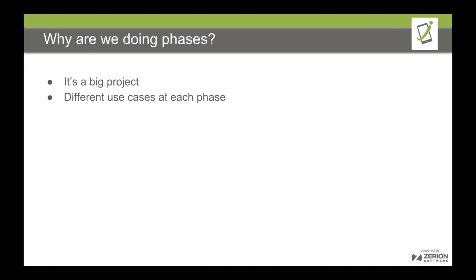Each customer has a different desire, so we wanted to make sure things are released when people can use them. And the last point is we want feedback along the way. As we release the different phases, we want people to be able to tell us what is good and what is not, so we can build on that to make this whole platform better.